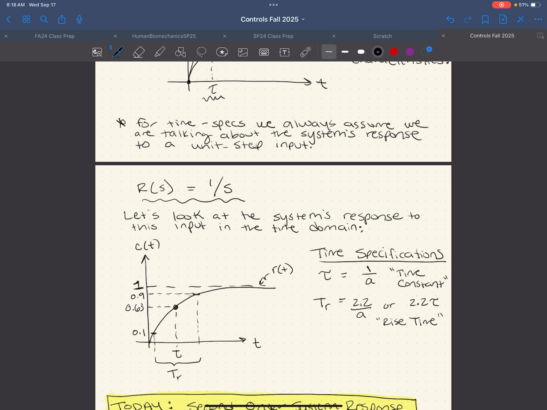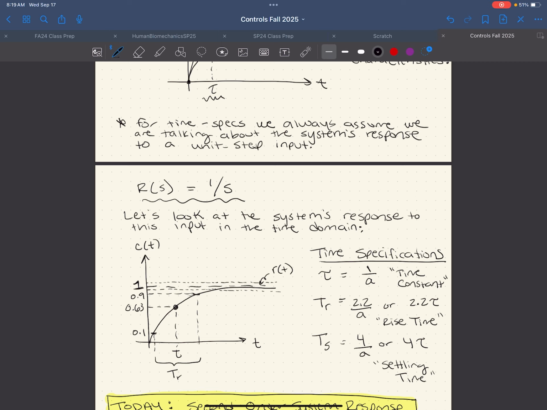And then lastly, we have a settling time, T S, equal to 4 over a or 4 tau. On the graph, we said this is the time it takes for the response to reach within 2% of the final value and stay within 2% of the final value thereafter. And so 2% away from 1 would be 0.98, and 1.02 would be the higher end of that.